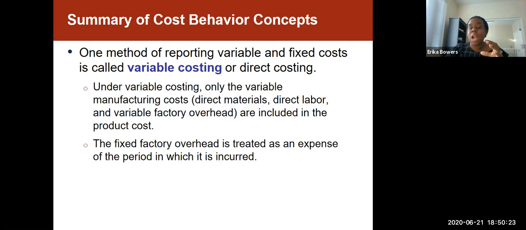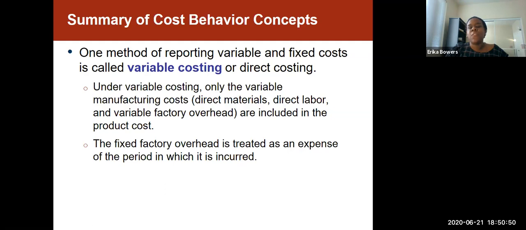Now, within our cost of goods sold, we had the total amount of our product, DM, DL, and FO, which includes both variable and fixed costs. But under variable costing, we're going to only include the variable manufacturing cost in our product costing. That will be DM, DL, and variable factory overhead.